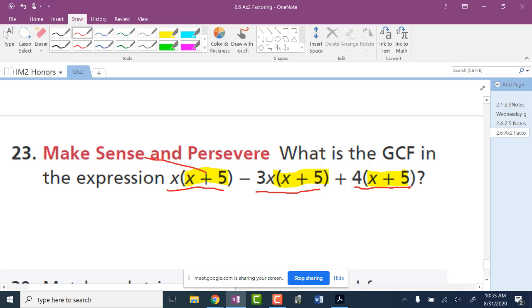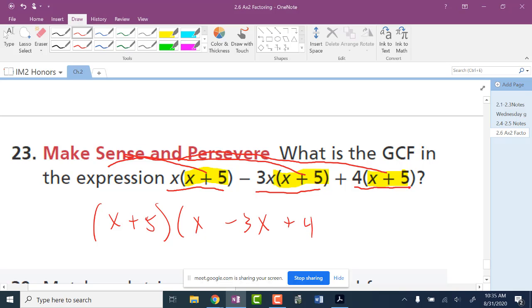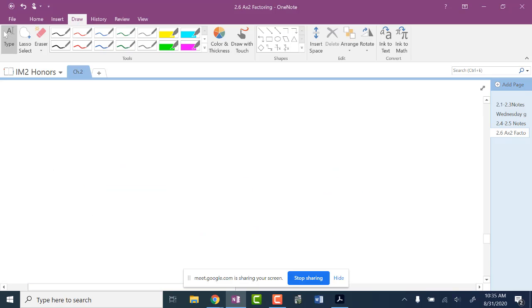The greatest common factor is actually this huge binomial that I can pull out like a GCF. So what this would look like is x plus 5 pulled out, and then you're left with x minus 3x plus 4. Didn't ask you to do that, it just asked what was the GCF, but that's how that would factor, okay?